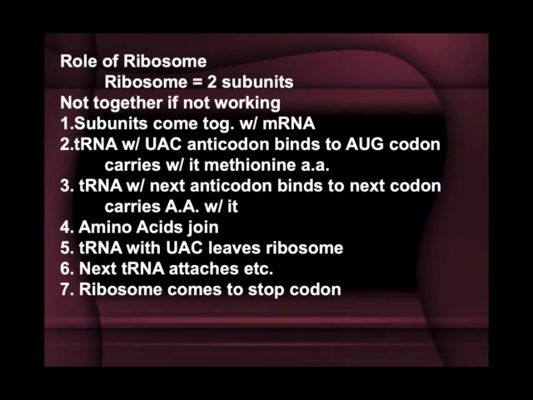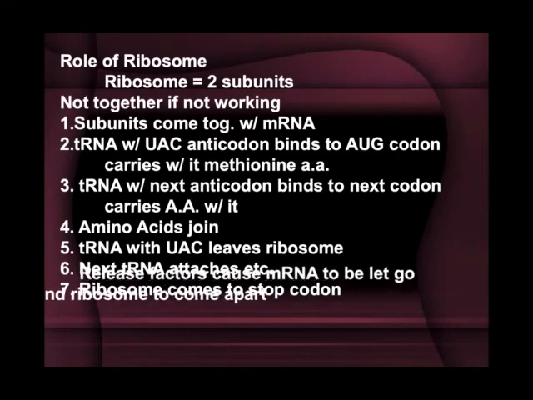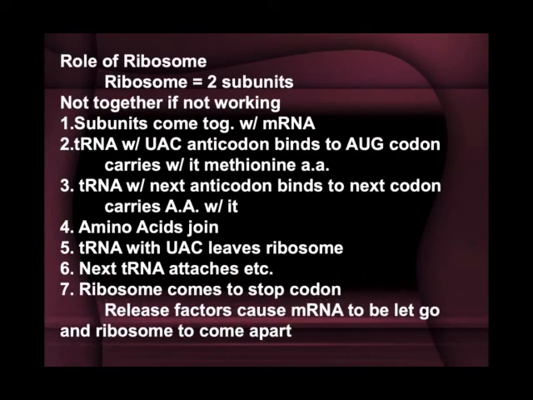When it gets to the stop codon, the two pieces of the ribosome come apart, and the protein is released, which is great. The release factors cause the mRNA to be let go, and the ribosome comes apart, and the protein is now free to do what it needs to do in the cell.